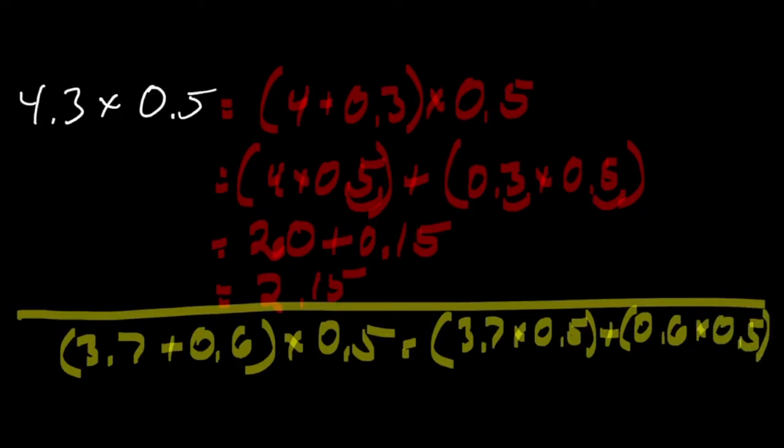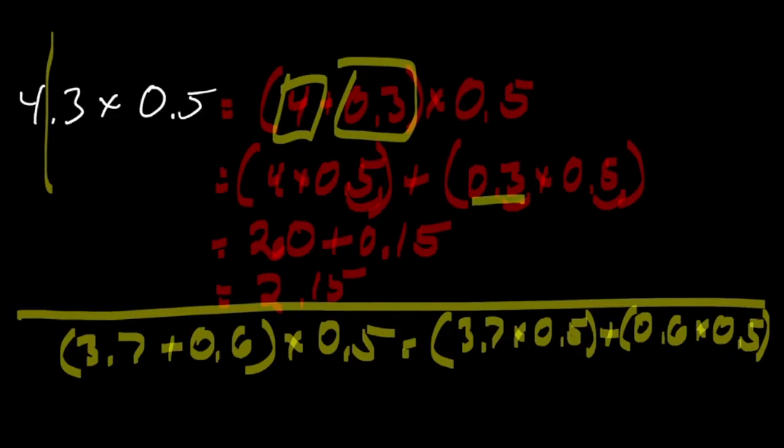I would say not. Even though the numbers are smaller, they are not easier to deal with. So the first way of splitting the numbers is better because the numbers are easier to deal with. And the key is to split the number at its place value. You want to multiply the decimals 1 place value at a time. So I have the 4 here and the 3/10 here, and then I do them separately, and it makes it way easier.